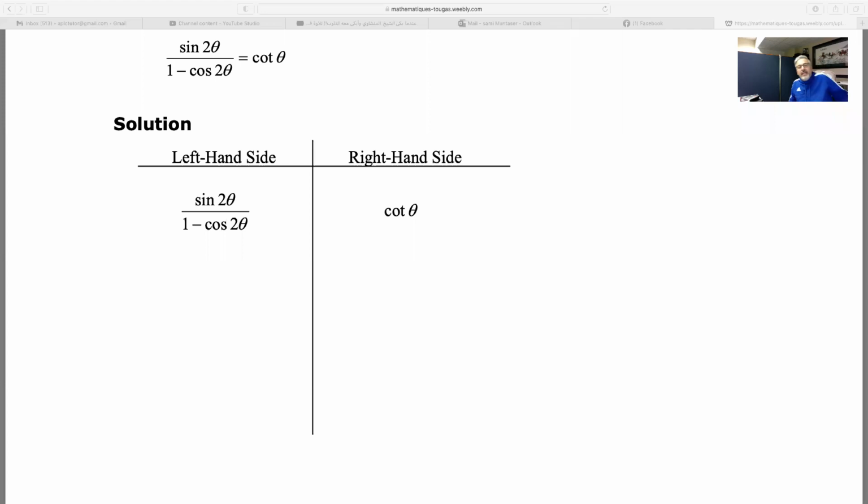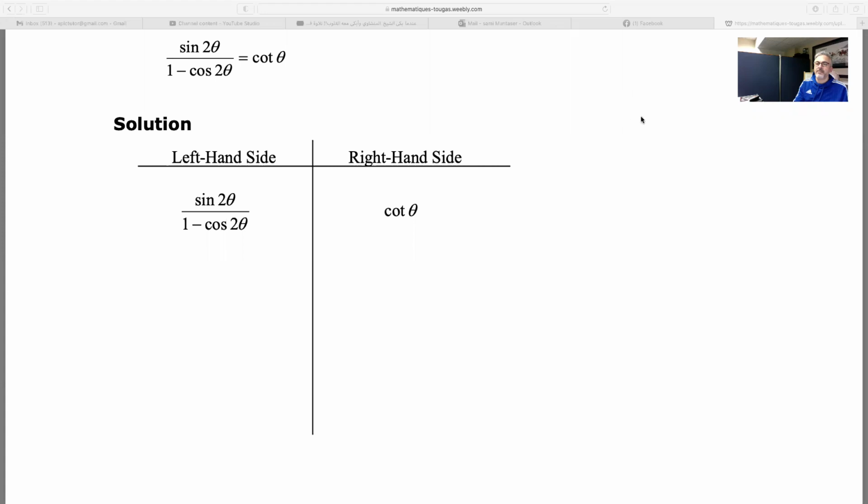So here we're going to prove an identity. Of course, you have your identity sheet in front of you. The first thing you want to do here is work on the left-hand side. Sine 2 theta is 2 sine theta cos theta.